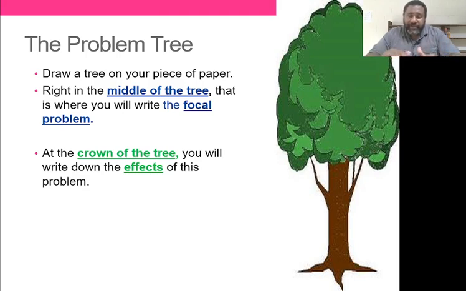The stem of the tree is connected to the crown of the tree, so whatever is in the stem, the water and nutrients, goes through to the crown. In the same way, when you think about problems, what are the effects of this particular problem? So we list the effects down in the crown of the tree.